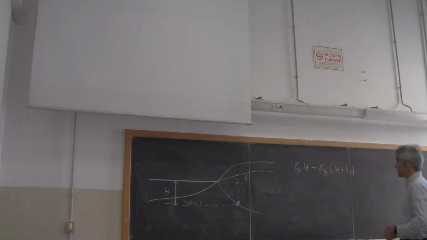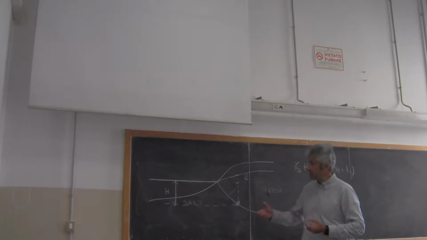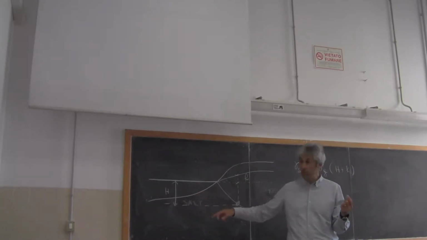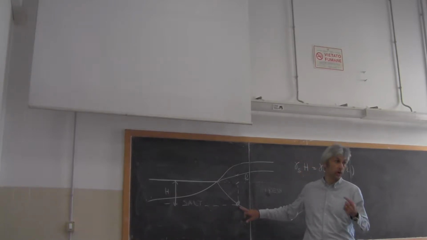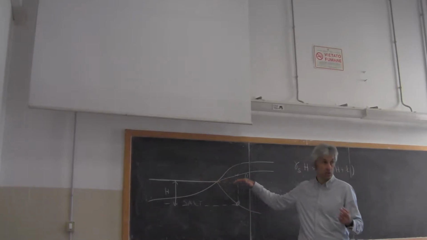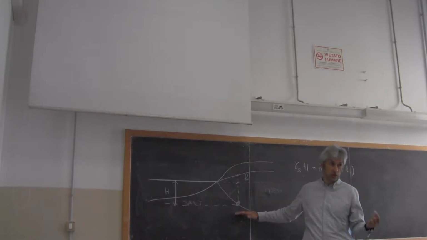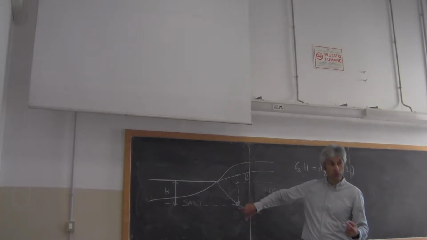Now what is my aim? My aim is to estimate capital H, which is the depth, with respect to a reference, which is the sea water level in this case, of the separation line between salt water and fresh water.